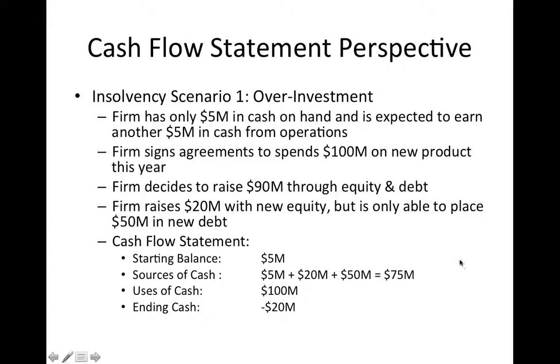Ending cash, they're $20 million short. Now, understand, this isn't just a change at this point because we have the starting balance and the ending balance, all right? They actually are $20 million short on cash. So they are insolvent. They are unable to meet their obligations. Somewhere along the way, whether it was with this $100 million or with something else, they had to choose to not pay somebody.